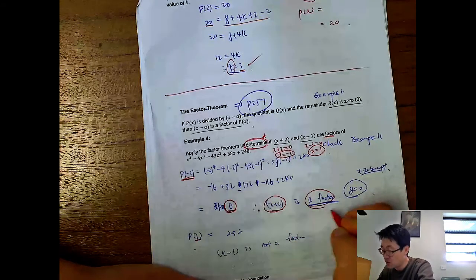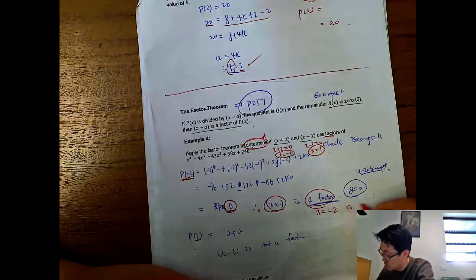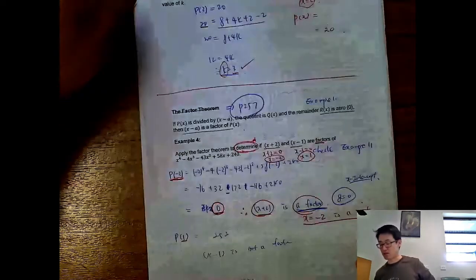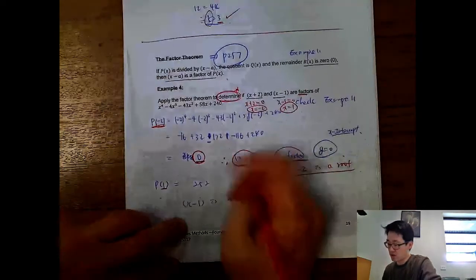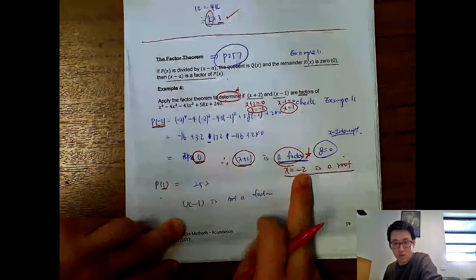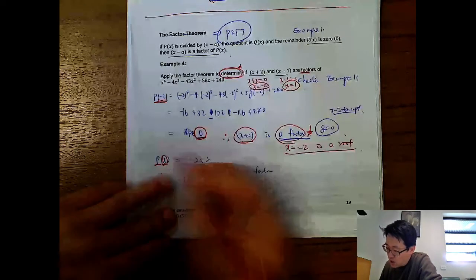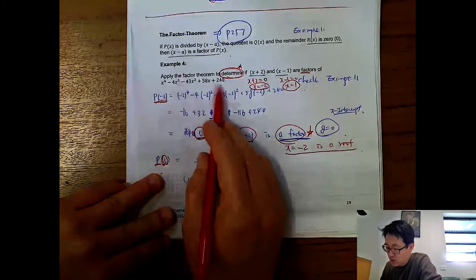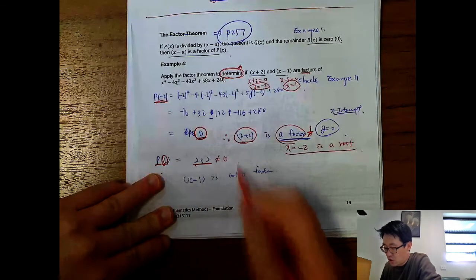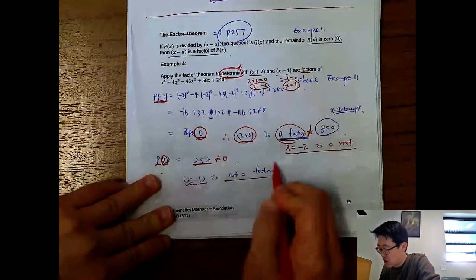Or if that's a root, I can say x equals minus 2 is a root. That's another way you can express that, but we keep using the factor, so please follow this way. That's also correct too. When x is 1, we plugged in all the way through and you will get 252. They are not equal to 0, therefore x minus 1 is not a factor.